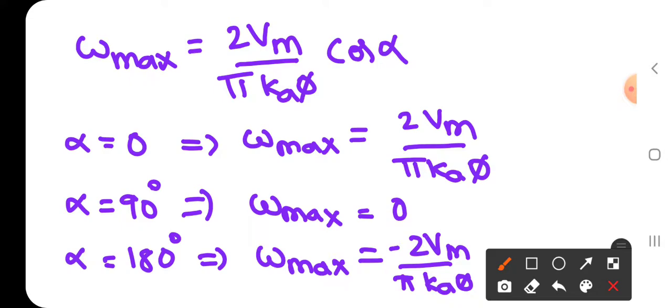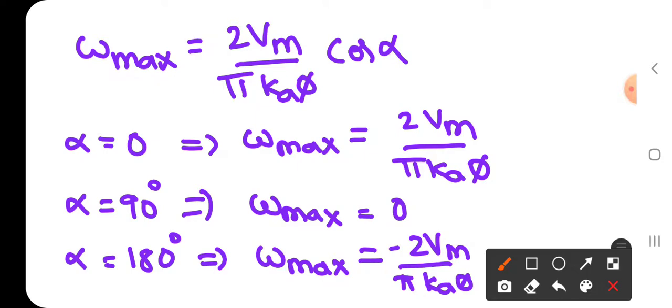That means I am able to run the motor in the reverse direction if I change the firing angle alpha from 90 to 180 degrees. Therefore it is very possible to change the direction of the motor just by changing the firing angle itself. That is the beauty of power electronics. Therefore we connect these power electronic devices, the converters, to DC motors.